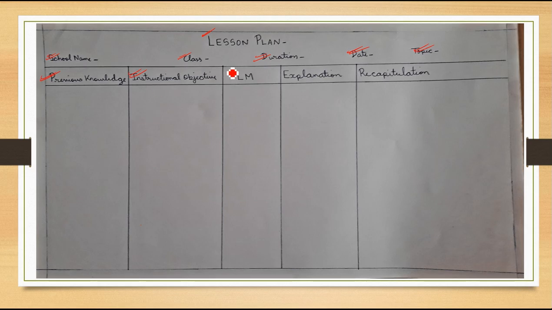The next you have, it's TLM. So here you'll have chart paper and whatever additional supplements that you are using to explain your concept in the classroom. So for TLM you can make a very narrow column here because you'll have very less content to write here. It'll just be mention of whatever you're using. Then explanation, you are going to write the topic that you are going to cover, a brief introduction or a brief explanation of it.